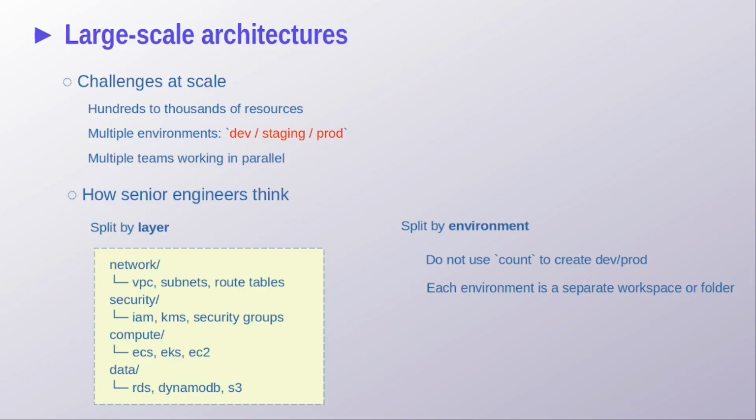Never do this: one Terraform state with dev, staging, and production. Instead, each environment has its own folder or workspace, and its own state. Golden rule: one Terraform state equals one clear responsibility.